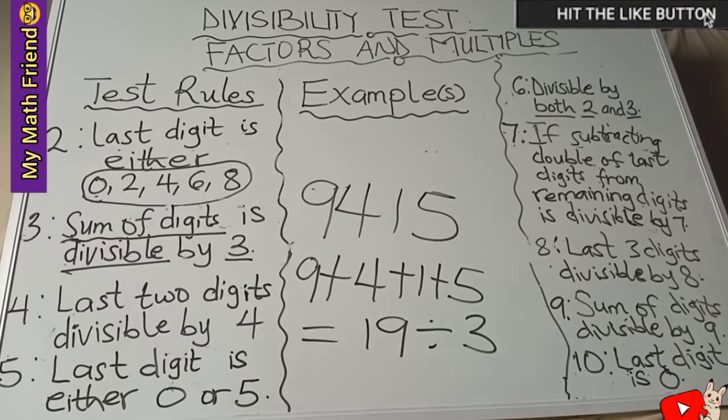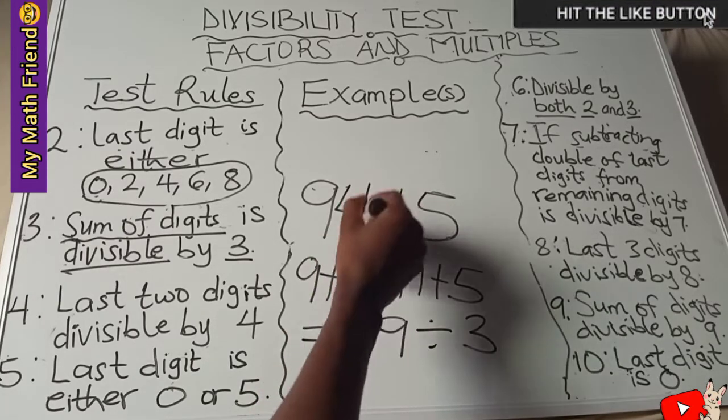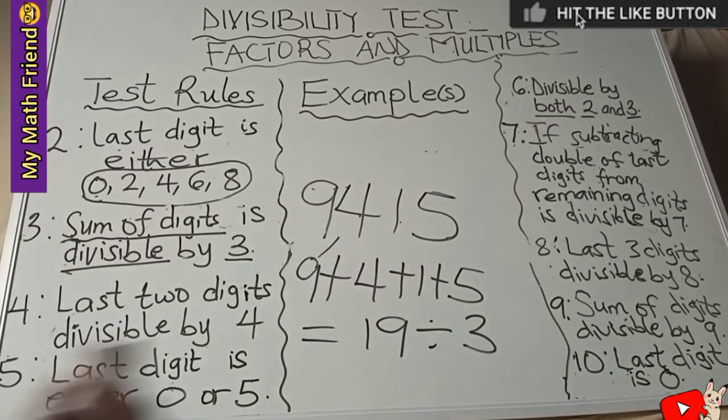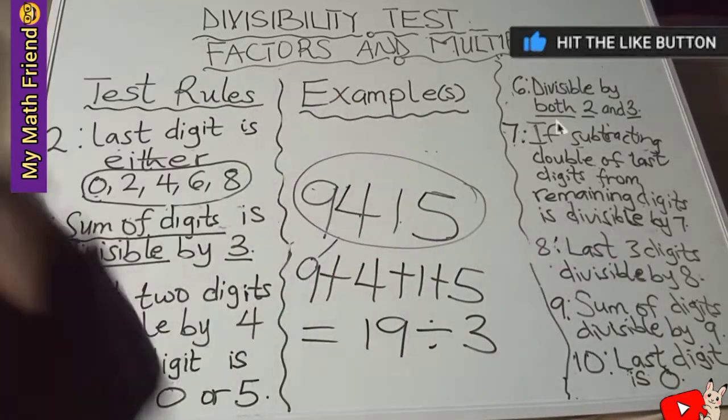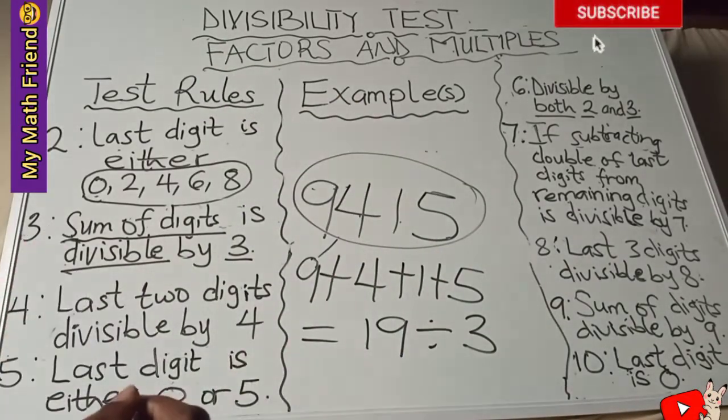We have 3 times 6 gives us 18, and 3 times 7 gives us 21. So 3 can't go into 19 exactly without a remainder. Because of that, we can conclude that this number, 9,415, is not divisible by 3.